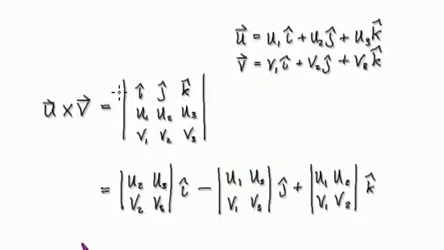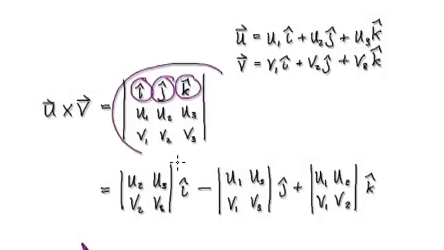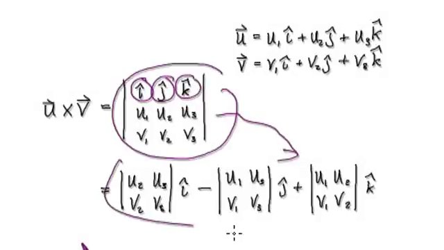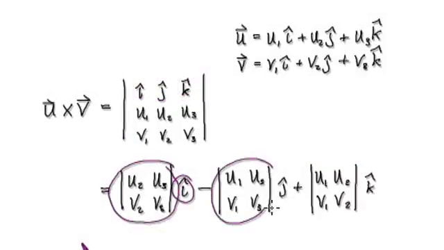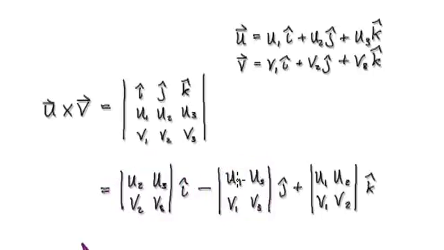So the point is that this is a vector, this is a vector, this is a vector. Compute the determinant of this. It will give you this whole thing here, and this thing here will be a number, but then this is a vector. This thing here will be a number, because remember the determinant will be this times this, and then take away this times this. But the point is that we've done this before.